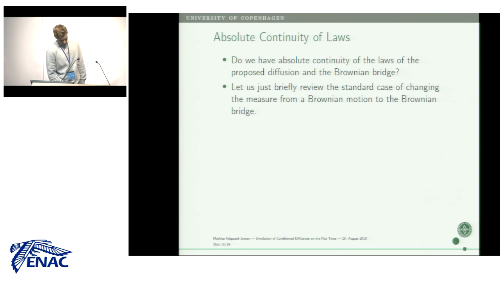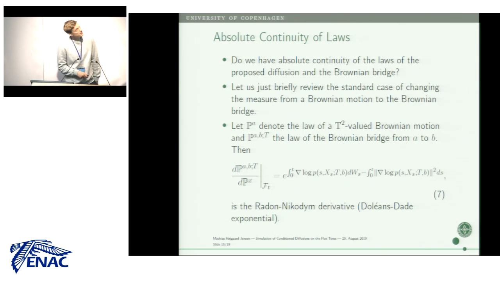So before I continue, just briefly reviewing this. P_A is the distribution of our Brownian motion, and P_AB_T is the law of the Brownian bridge. Then we have absolute continuity of these two measures.